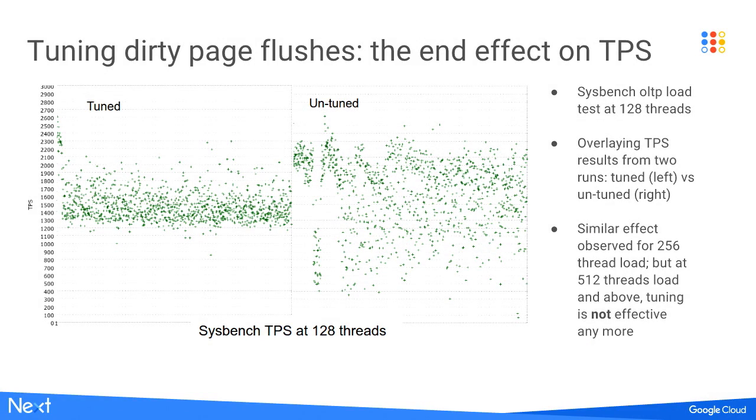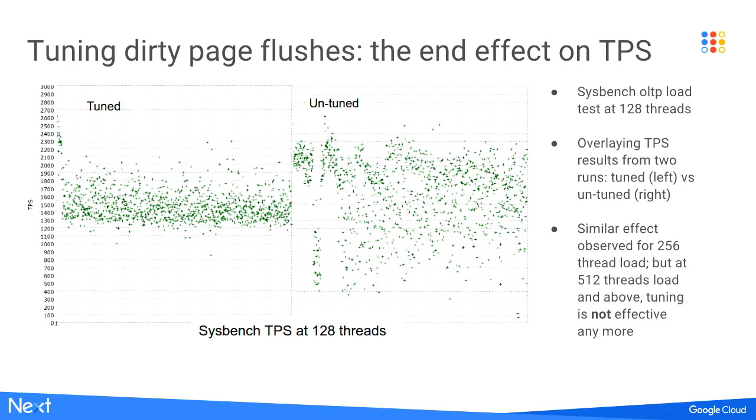So here's the end effect of tuned versus untuned at 128 threads. If you remember the previous sync flush and flush lag chart at 128 threads, shortly after the test started we hit the sync flush state, and then you can see this TPS chart. It went as low as 400, and then back up to 2400, and then goes up and down, up and down, up and down.